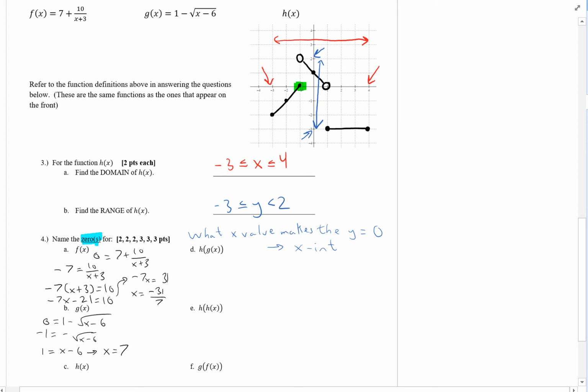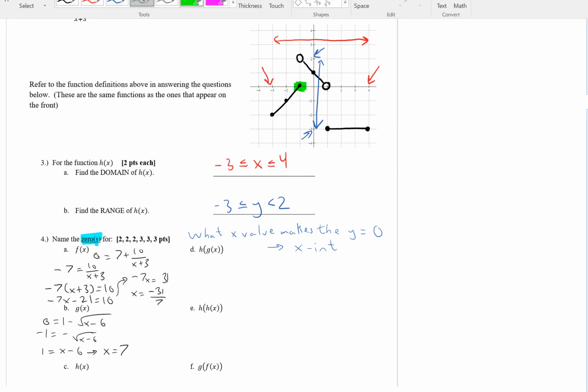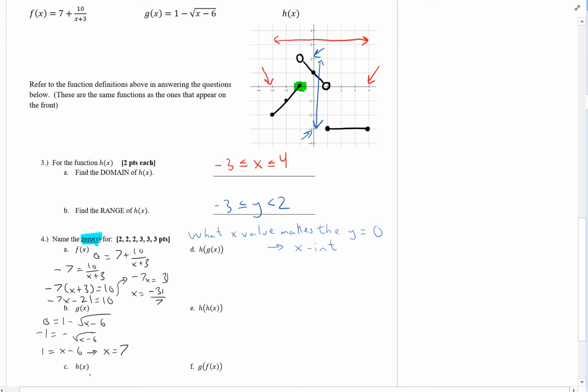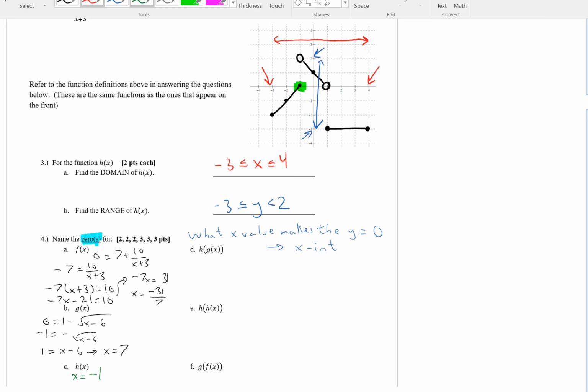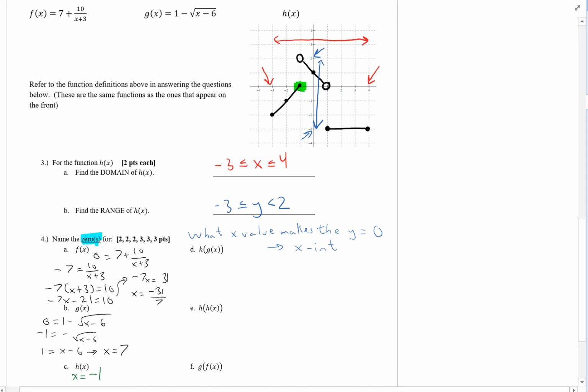This is the x-intercept, and that occurs when the x value is negative 1, right? When x is negative 1, the output y value of h of x is 0. There is no up-down-ness when x is negative 1. All right. The really, really tricky stuff. Everything was tricky.